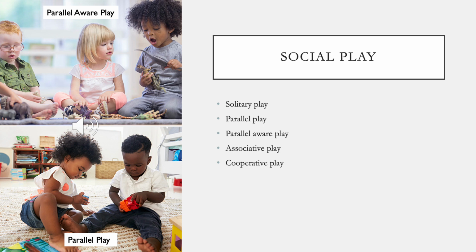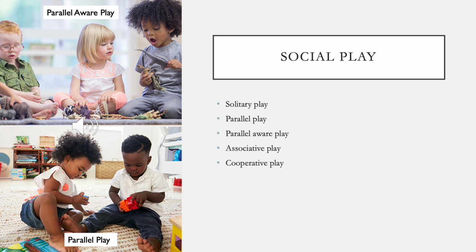So let's move on. Now we're going to talk about parallel play, and you'll see here that I have an additional aspect, parallel aware play. Your text describes social play as solitary play, parallel play, associative play, and cooperative play.